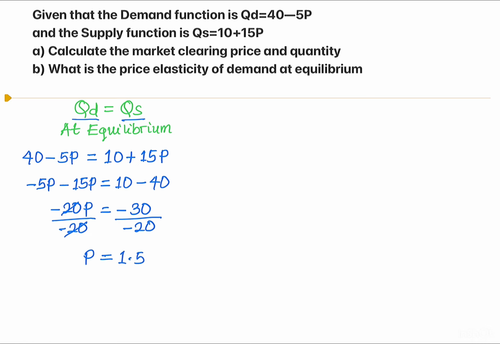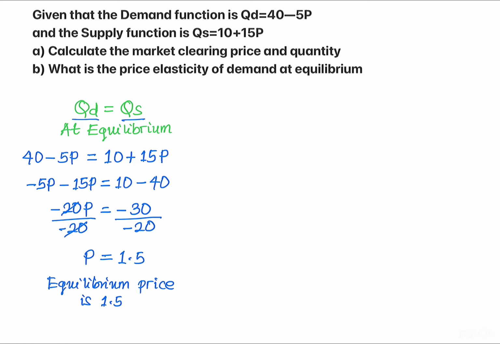So this p here is our equilibrium price. We found our equilibrium price as 1.5.